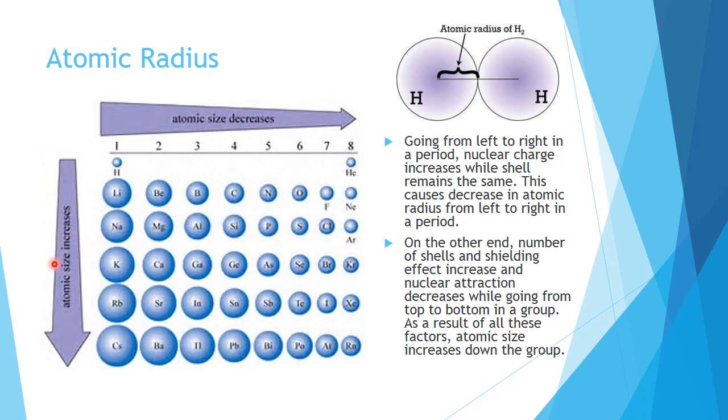Sodium has three shells, potassium has four shells, and the number of shells keeps on increasing as we go down the group. Therefore, due to the increase in the number of shells as well as the increase in the shielding effect of the inner electrons, we observe an increased atomic radius along a group.